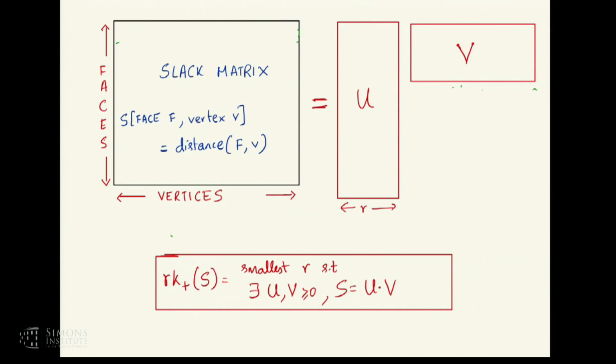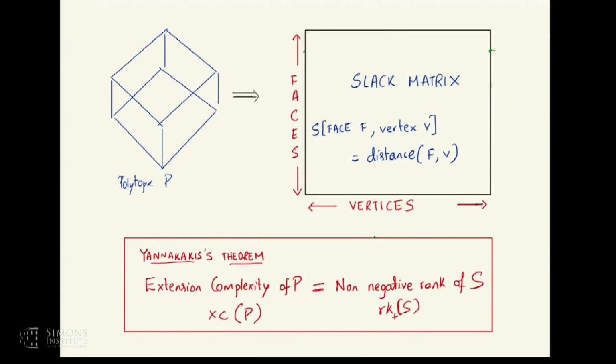Here we enforce an additional condition that the matrices U and V are non-negative. That gives us the non-negative rank, and clearly non-negative rank is at least the rank. And the Yannakakis theorem shows that the extension complexity of the polytope is the same as the non-negative rank. Hope it was clear so far.